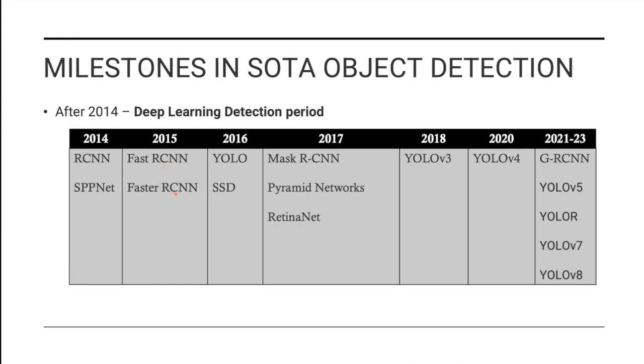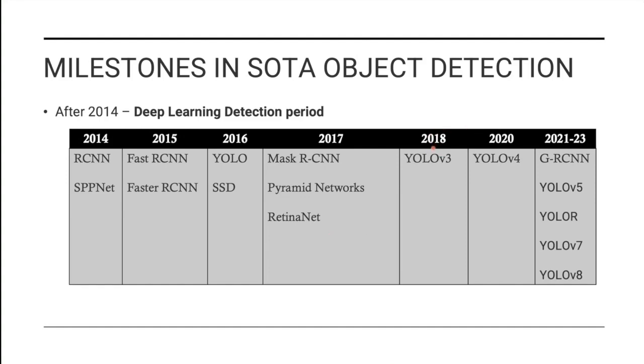In 2016 there was a revolution in object detection with YOLO, which is used a lot these days, and SSD. In 2017 we had Mask R-CNN, Feature Pyramid Network, and RetinaNet.